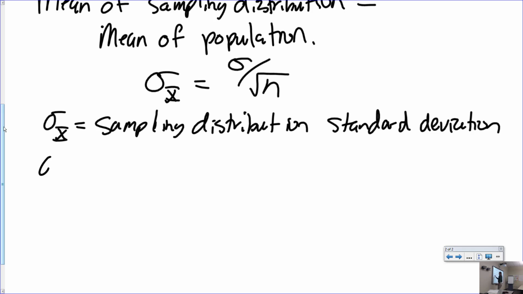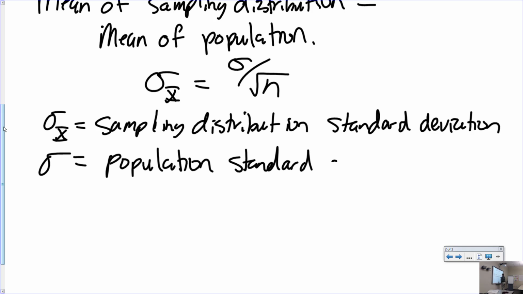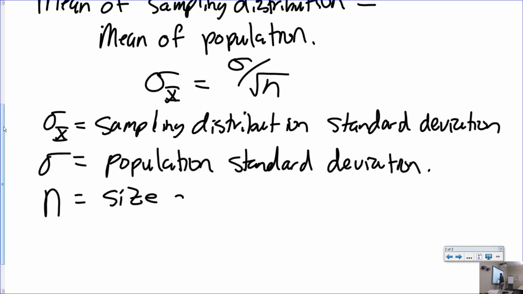And regular sigma is the population standard deviation. And again, just in case, we'll write it down just to be sure. N is the size of the sampling distribution.